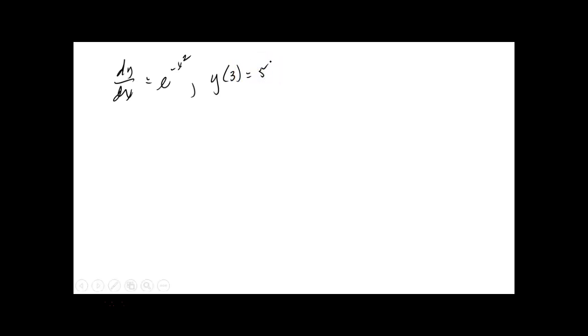Why do all these problems have e? They love e's, okay? This one will not be so lovable, though. Well, that's already set up really well for you. All you have to do is write it in differential form. dy is equal to e to the minus x squared dx, okay?